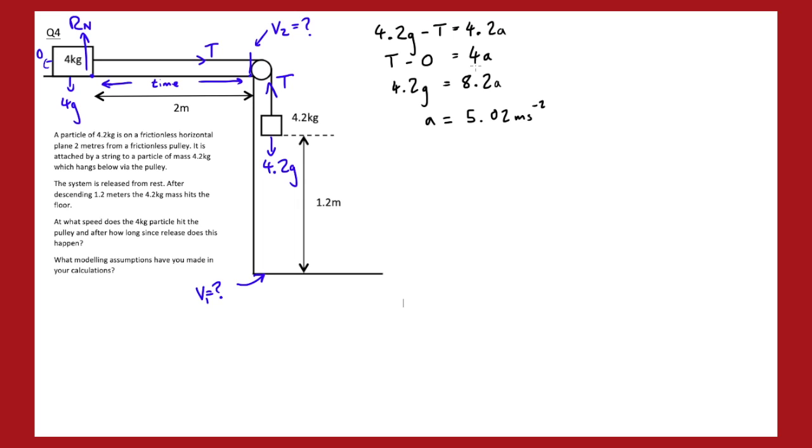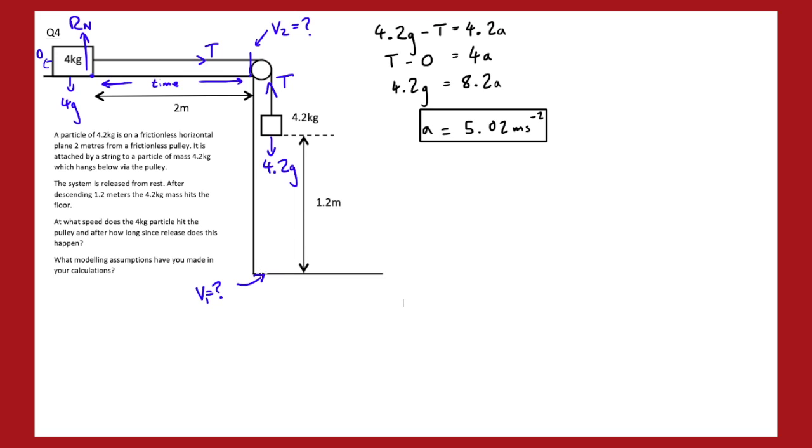I'm worried about this becoming a bit complicated to look at, so I'm just going to move this answer slightly and make it a little bit clearer. Okay, so we've got the acceleration. That's great. That's the first part done for this question.